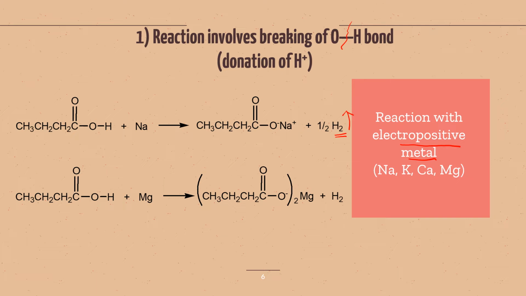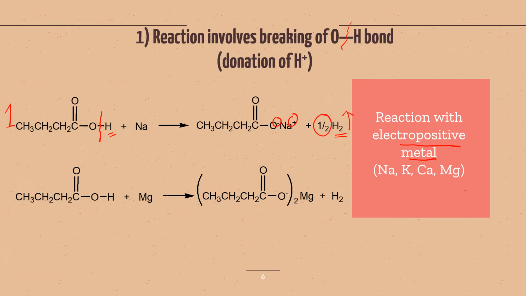So di sini, in order to predict the product, so what we can do adalah kita akan break the bonding di antara O dan juga H. So by doing this, maka O akan menjadi O minus dan sodium akan di-attract kepada O minus tersebut to become Na plus. Dan hydrogen now akan come out sebagai hydrogen gas. So seems kita gunakan 1 mole of carboxylic acid sahaja dan hydrogen akan dikeluarkan dalam bentuk H2. So maka you have to balancekan equation by letakkan 1/2 over them.